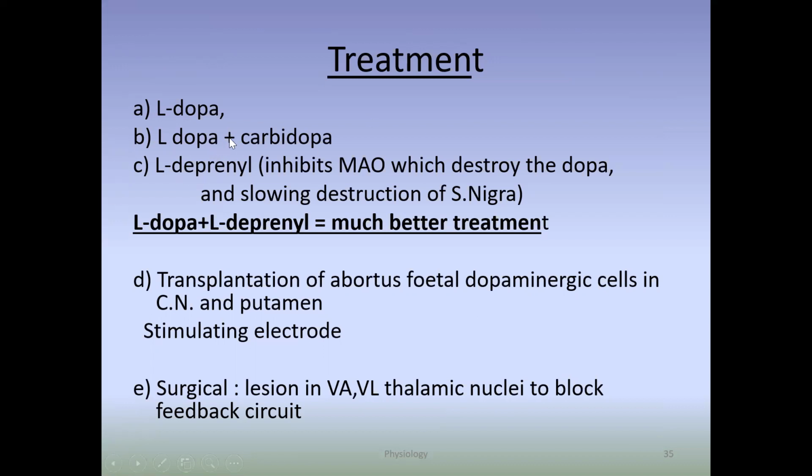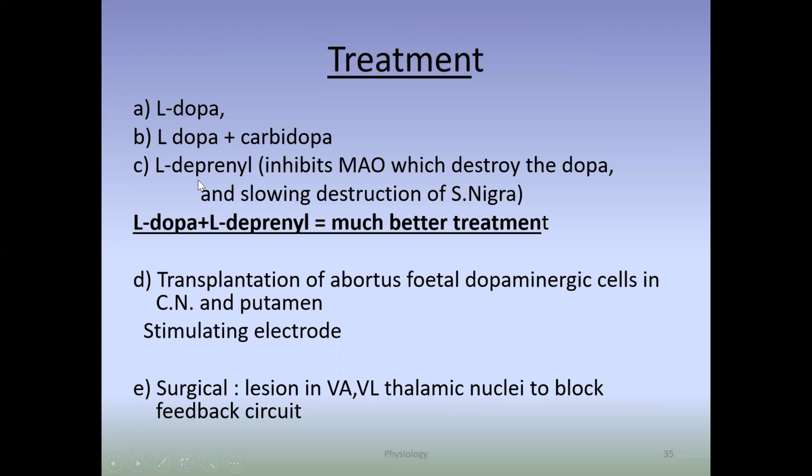Second combination is L-dopa plus carbidopa. This carbidopa prevents the peripheral conversion. When we give L-dopa, some of it may be converted peripherally to dopamine. To prevent the peripheral conversion of L-dopa to dopamine, carbidopa is given so that more L-dopa crosses the blood-brain barrier and helps to produce more dopamine.